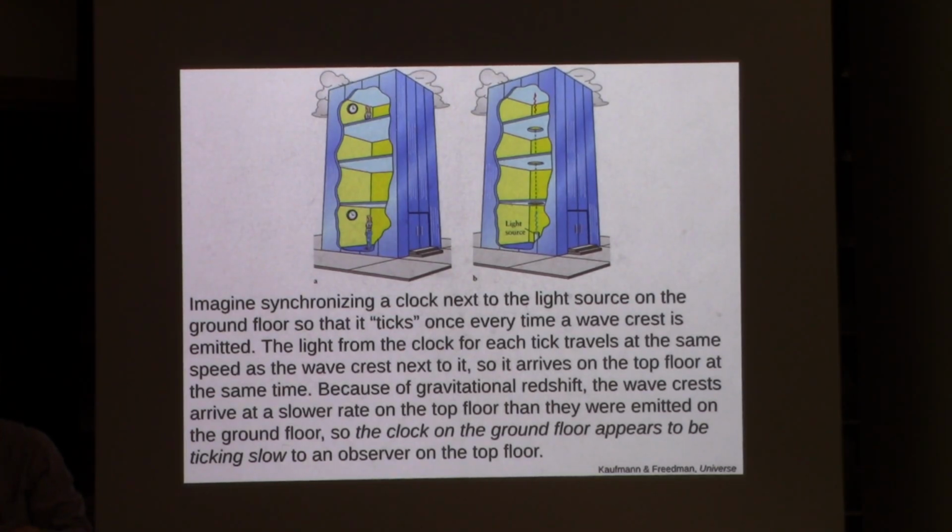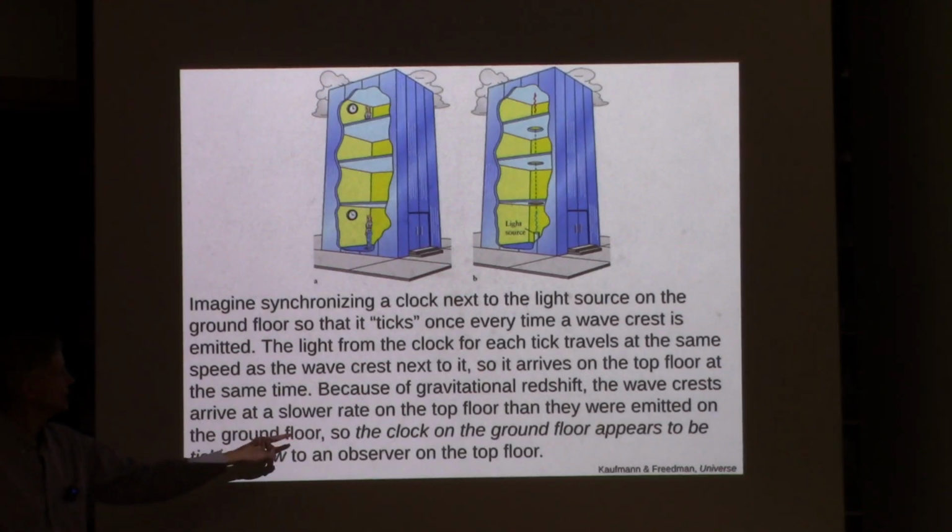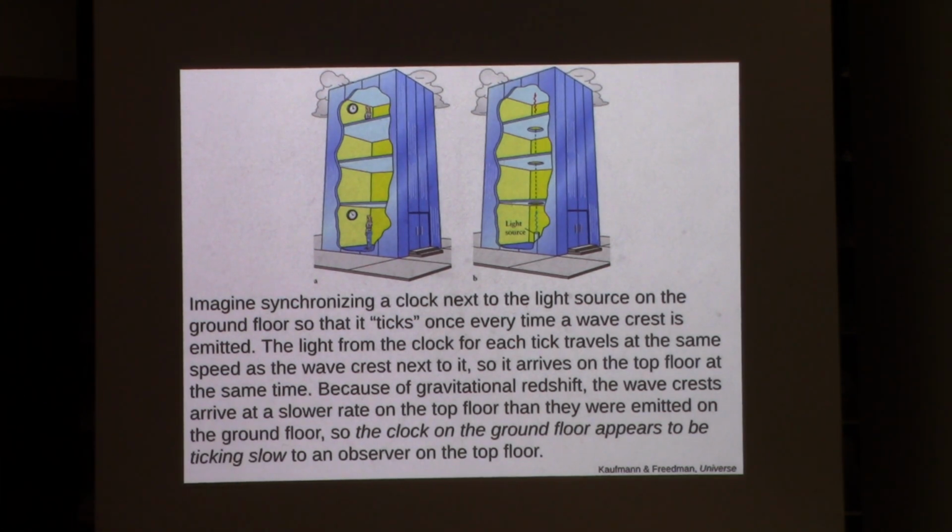So if the wave crests are passing by you at a lower rate than they were emitted on the floor, then you also see the ticks happening at a lower rate than they were on the floor. So you see the clock on the ground floor appearing to be ticking slow compared to a person who's next to the clock on the ground floor watching the ticks being emitted.